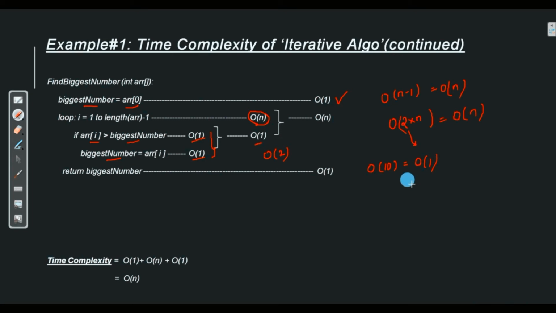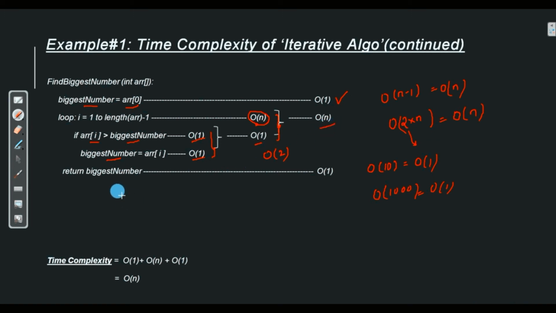Or even if we have order of 1000, still we can say it as order of 1. And the reason is 1000, 10 or 20, all these numbers are constant numbers. So now when we multiply order of n with order of 1, we get order of n.